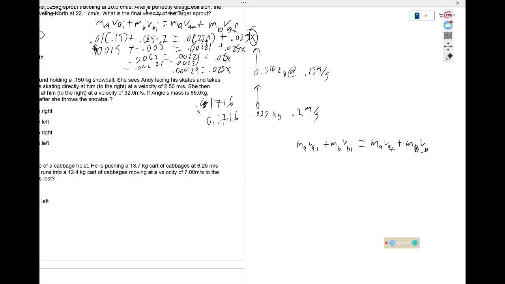A lot of you looked at this as kind of like a reverse inelastic collision, which is an interesting way to look at it, a good way. I love the ingenuity that you showed on this. This is how it's done. We have her skating along at 2.5 meters per second, right?